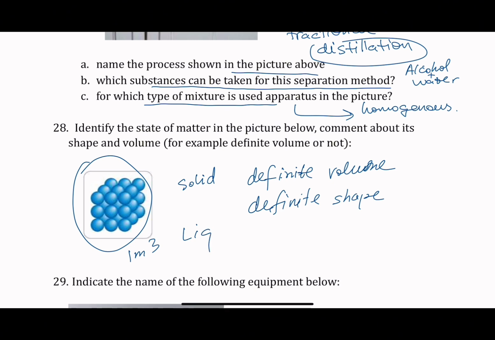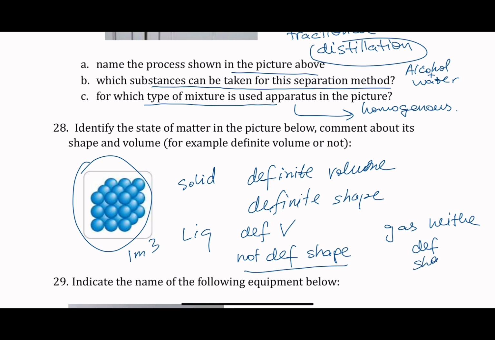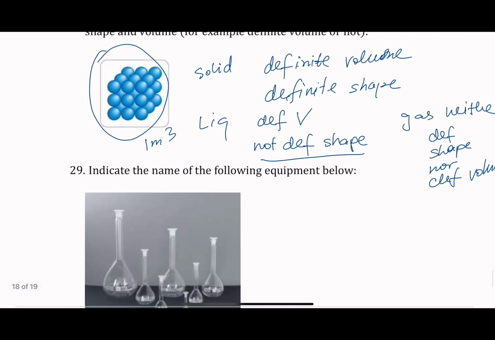Liquids, on the other hand, will have definite volume, but not definite shape, because if you change the container, you put it into a cup, you put it into something else, it will change the shape. And gases have neither definite shape nor definite volume. Everything changes in gas.